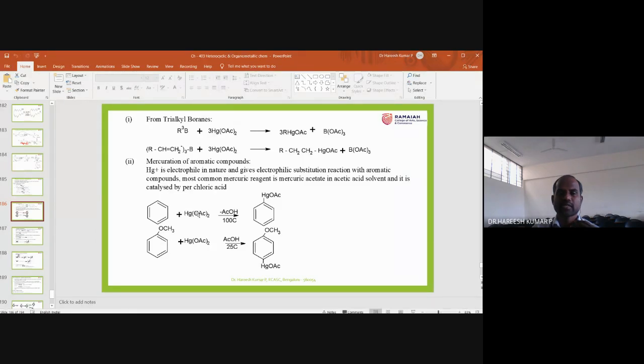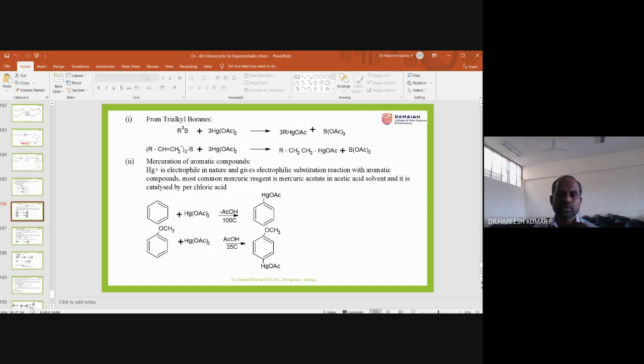One acetoxy is going out, meaning acetic acid is going out. Then the aromatic double bond, by electrophilic substitution reaction, forms a bond with this mercury. That is how phenyl mercuric acetate is obtained as the product.